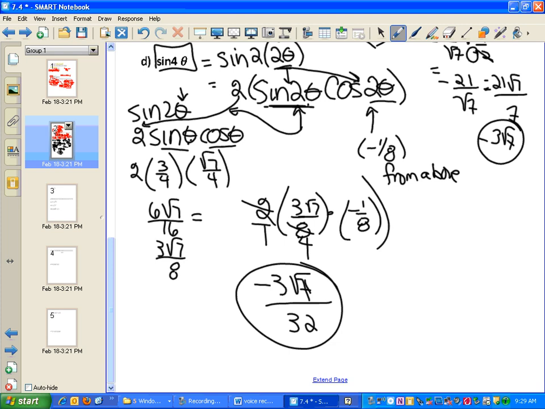Numerator times numerator times numerator over denominator times denominator times denominator. If I gave you 1/3 times 3/8 times 1/9, are you taking the 3 into both of these denominators? No. So I'm applying that same basic principle.